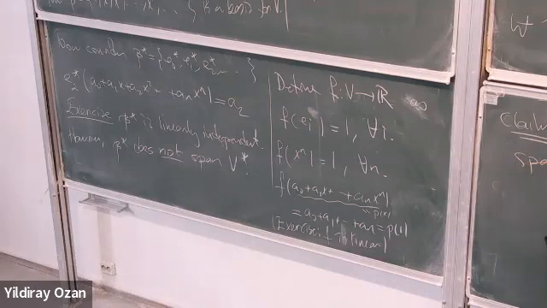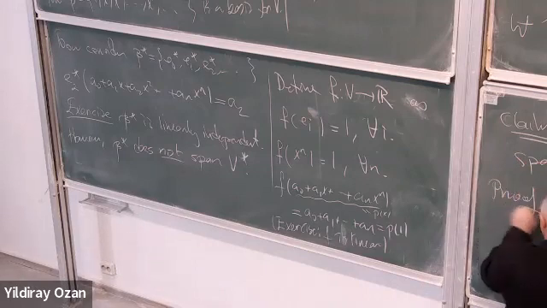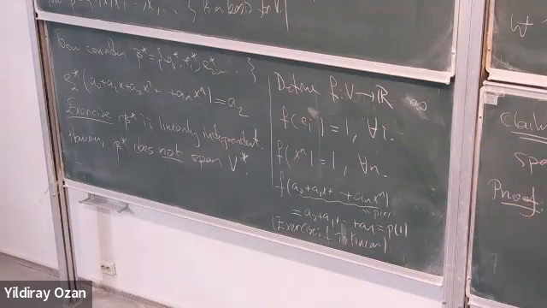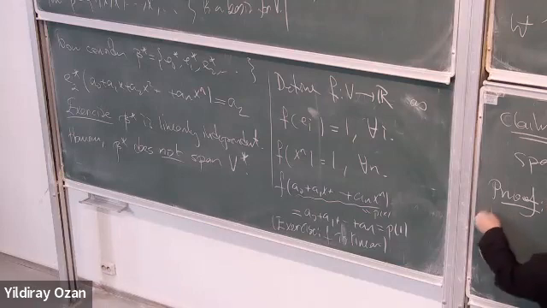Span of the dual set. Why is that? The proof is very easy. Suppose it is, okay? Suppose on the contrary, f is in the span of this set. Well, being in the span of this means it's a linear combination of finitely many elements from this set.